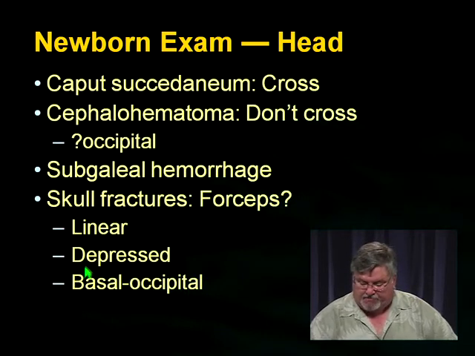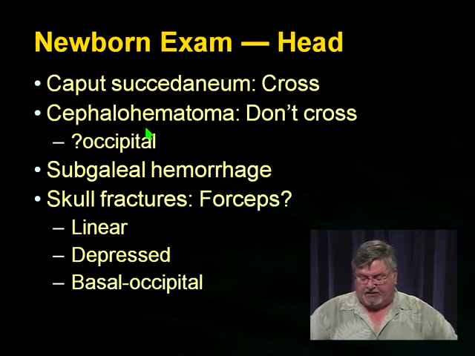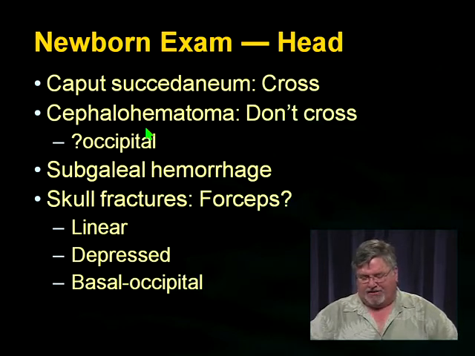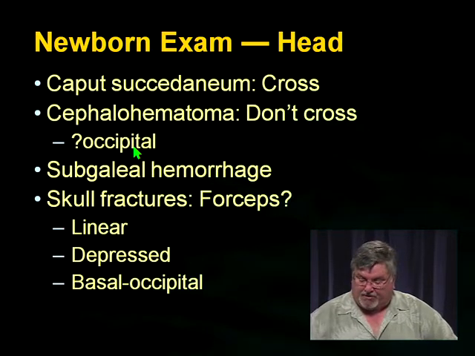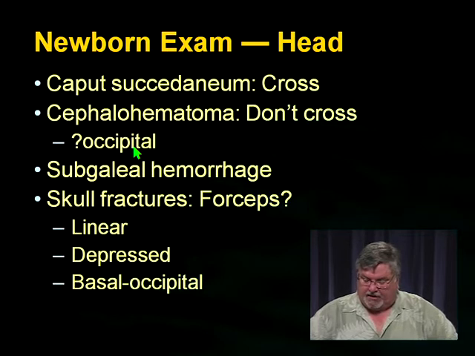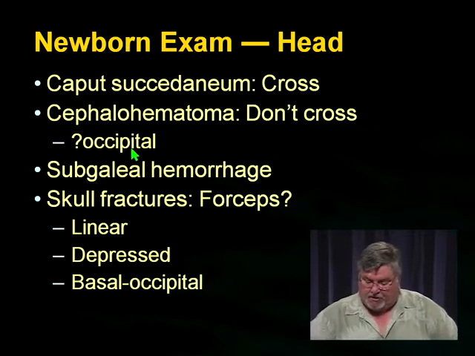Some kids with really big occipital cephalohematomas may distort their head structure to the point where they actually seem to cross the head sutures. So you can be fooled in a kid with an occipital cephalohematoma.